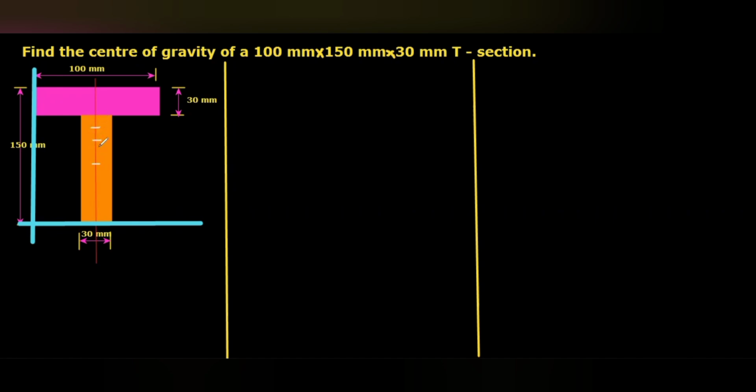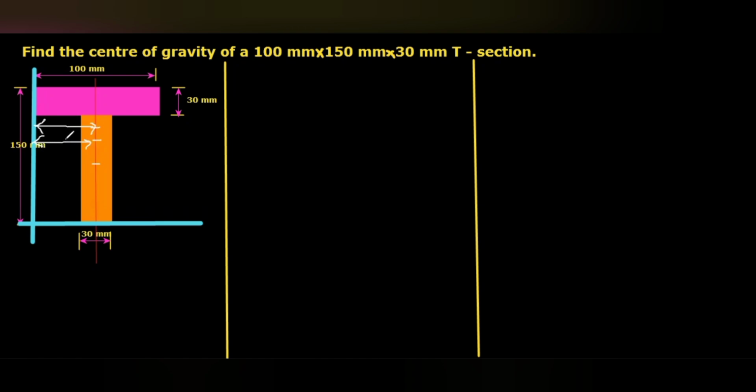So wherever the center of gravity lies on the vertical axis, the distance from the reference axis for x bar will be the same. That means if the center of gravity is here, from here also the same distance.